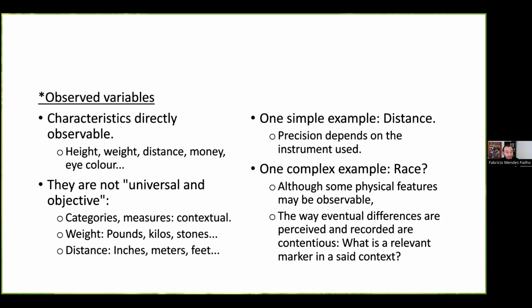Another example of what could be an observed variable, but is way more complex than measuring, for instance, distance or money in your pocket, is the idea of race.